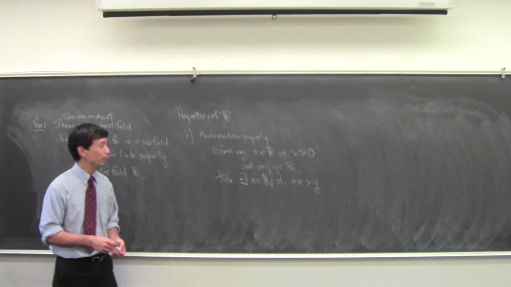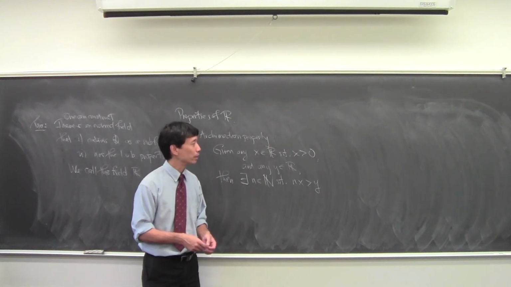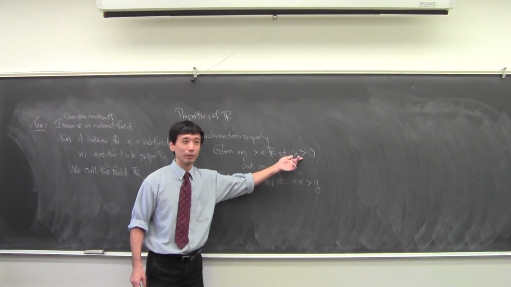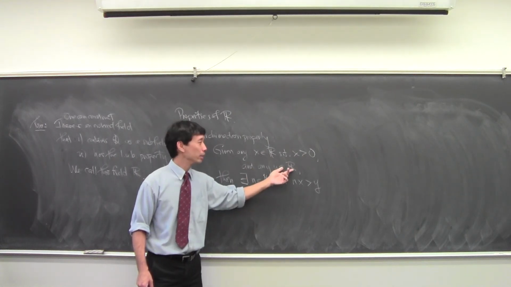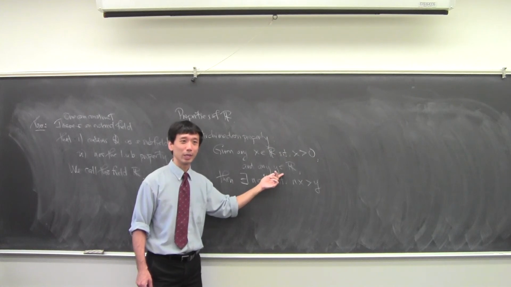Okay, the Archimedean property. Given a positive real number and some other real number, then some multiple of that positive real number is bigger than that other number.